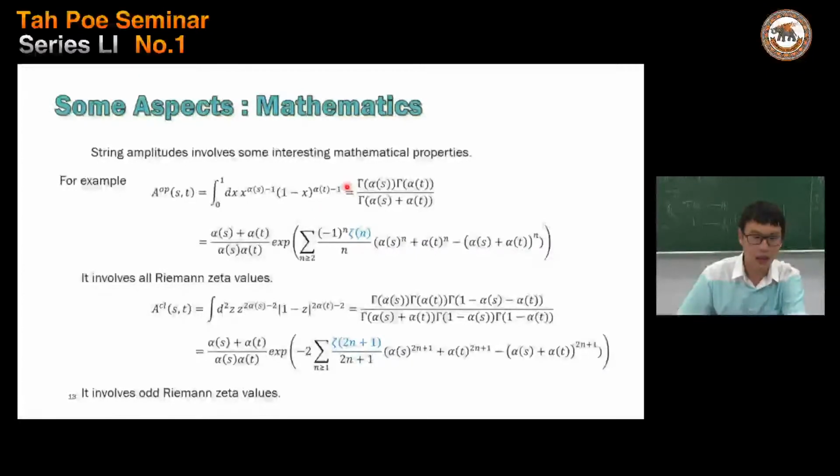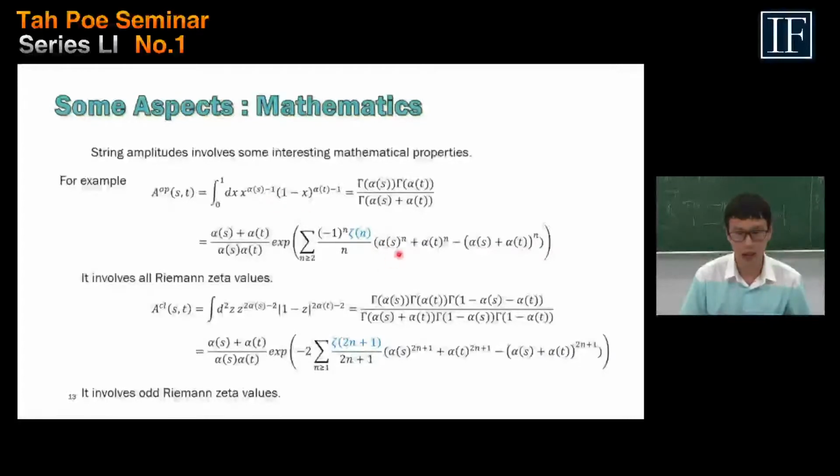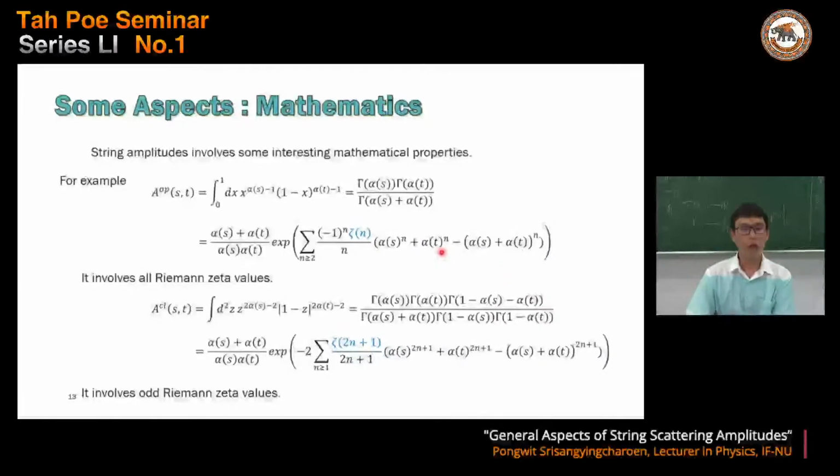And as the beta function, you can expand it as a series in terms of the Mandelstam variables here to the power n. Here, this is the series that can be expanded. You can see that as the expansion goes, the coefficient of this expansion is basically the Riemann zeta value, zeta n here.